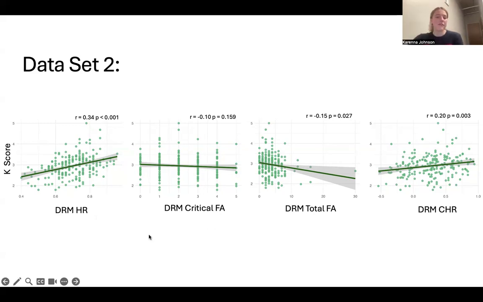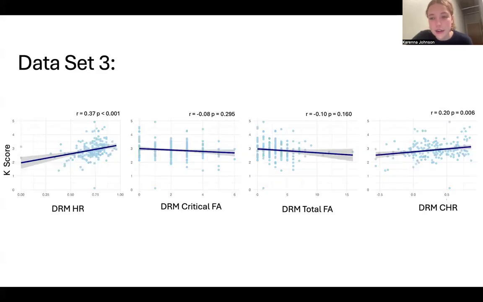And the fact that hit rate and working memory score are correlated makes pretty intuitive sense. If your working memory capacity is higher, it seems intuitive that you could remember more of the words on the list. And we found a very similar trend in the third data set.